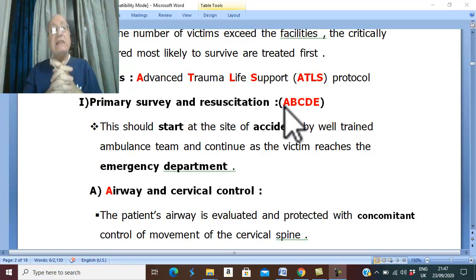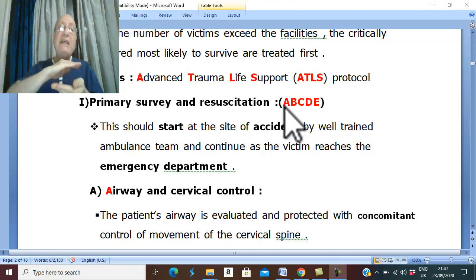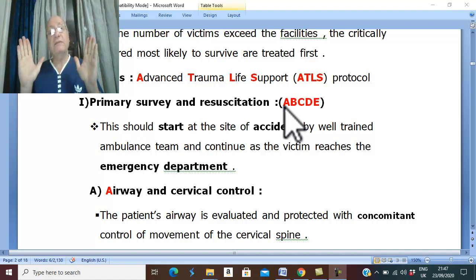Because one of the commonest causes of death immediately after trauma is airway obstruction and unstable fracture of cervical vertebrae leading to injury of the upper part of the spinal cord.